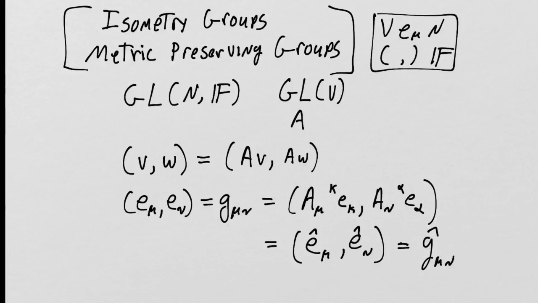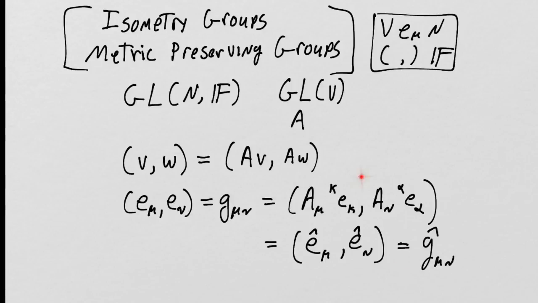The point is this equality has to be true for A to be a member of the isometry group or the metric preserving group. This number has to equal, in the new basis, the metric element of the new basis, which is defined through this basis transformation where you sum over the k's and you end up with the mu nu downstairs, but this is now E hat, and you get G mu nu.